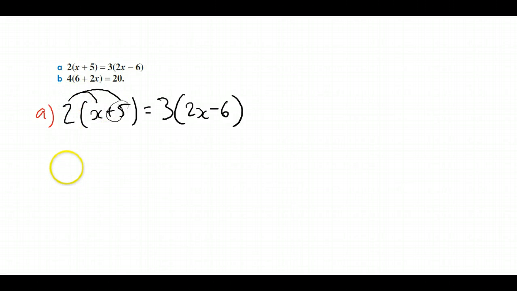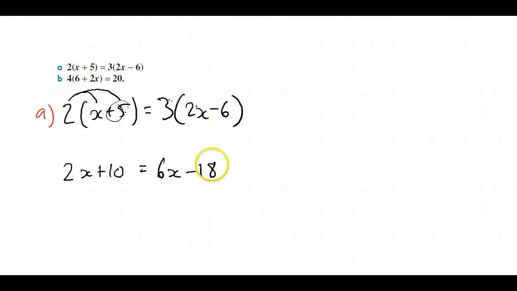Expand the brackets out, multiply the outside by the inside, so we get 2 times x is 2x, and 2 times 5 is 10, plus 10. Over here we get 3 times 2x is 6x, and 3 times negative 6 is negative 18. Now that we've expanded the brackets out, we can proceed as we normally would. We'll get rid of the x's on one side.